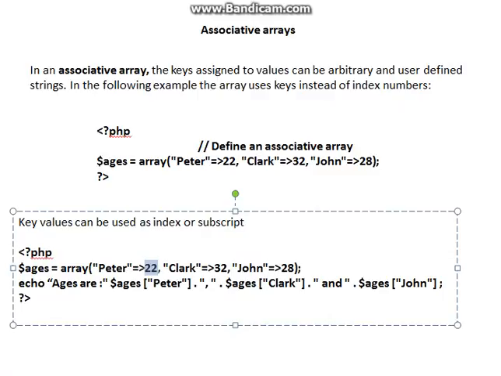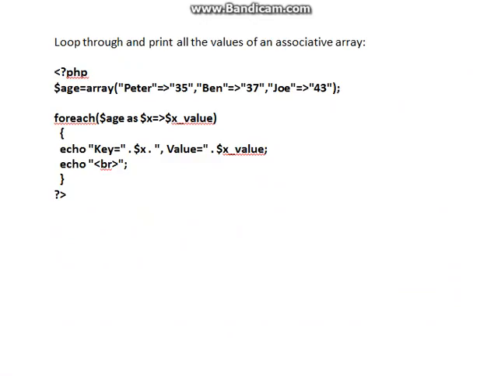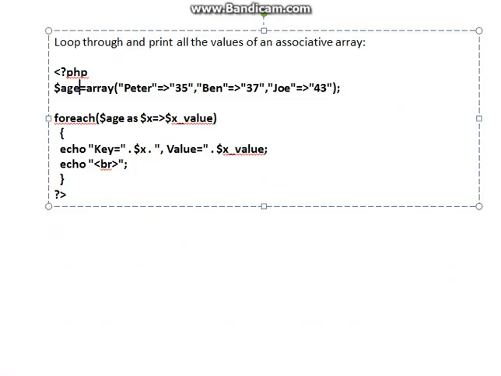In a similar manner, we can also iterate over the list of associative array elements. Instead of using a while loop, for loop, or any other traditional looping statements, in PHP we have a special loop called the foreach loop. The foreach loop iterates for each and every value in the given array.